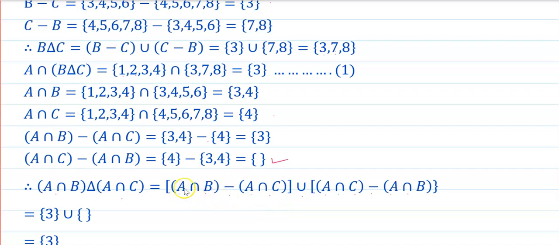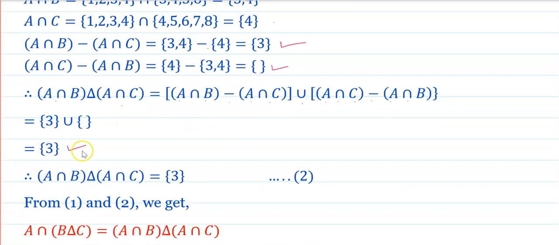Now what is A intersection B minus A intersection C? Okay, and that is equals to 3. This is the 3. And the next is A intersection C minus A intersection B, and that is equals to empty. And what about their union? Their union is only 3. Okay, and this is the number 2.